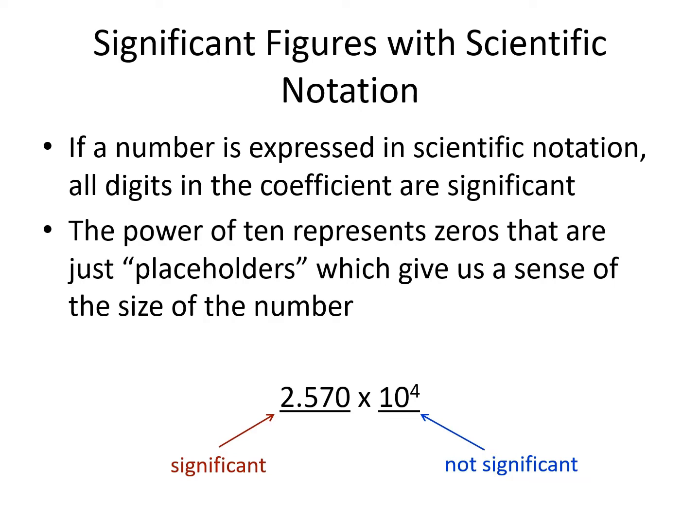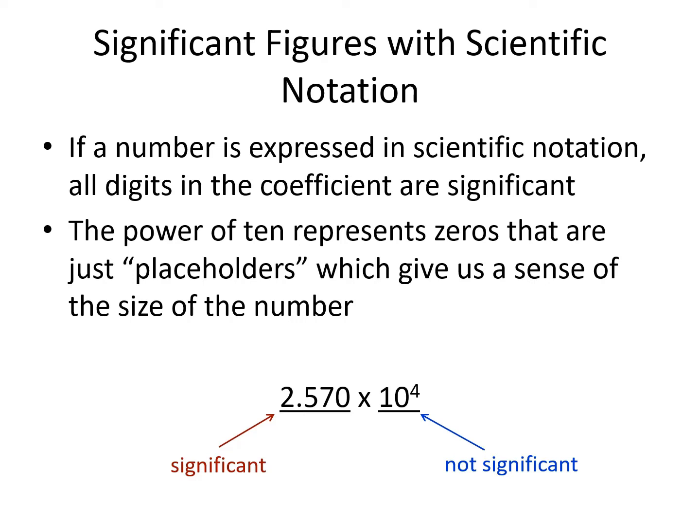A number expressed in scientific notation is always written in a particular way. There will always be some number called the coefficient in front, followed by a power of 10. The coefficient will always have one digit, a decimal point, and the rest of the numbers. When a number is written in proper scientific notation, all of the digits in the coefficient will be significant.